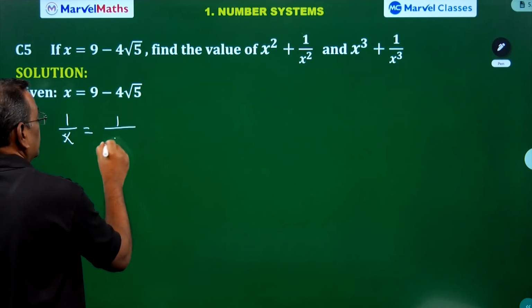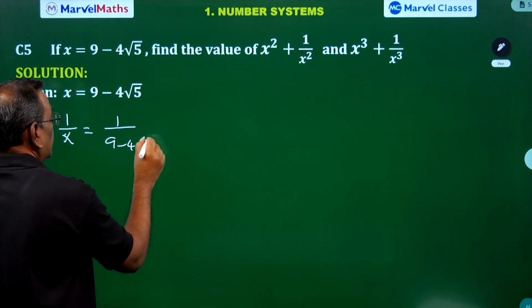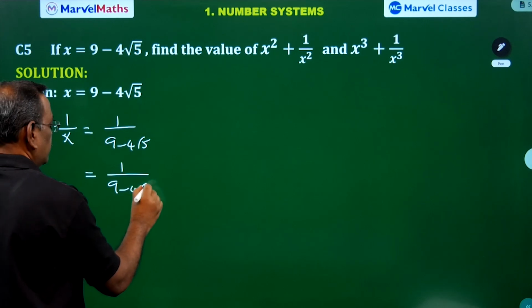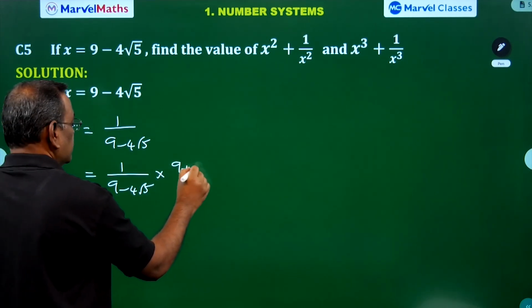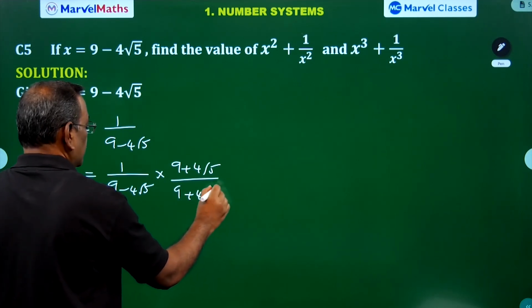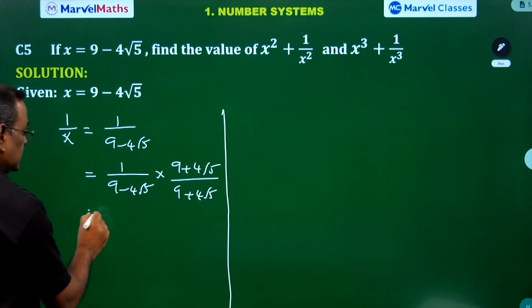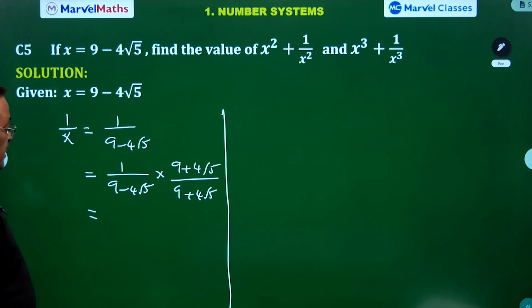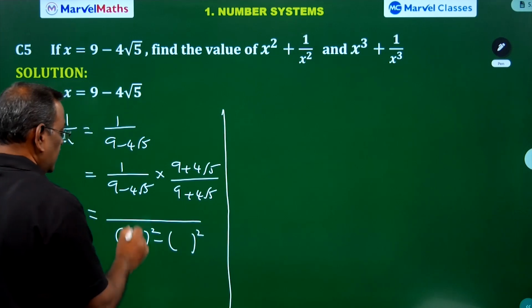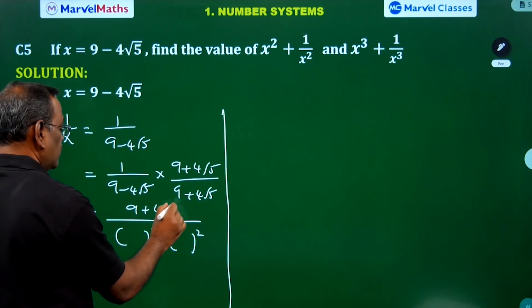So 1 by 9 minus 4 root 5, which is equal to 1 by 9 minus 4 root 5 into 9 plus 4 root 5 by 9 plus 4 root 5, which is equal to a plus b into a minus b, a square minus b square, and numerator as it is 9 plus 4 root 5.